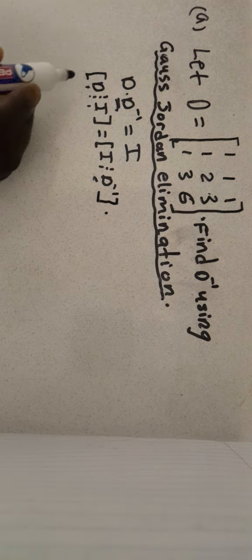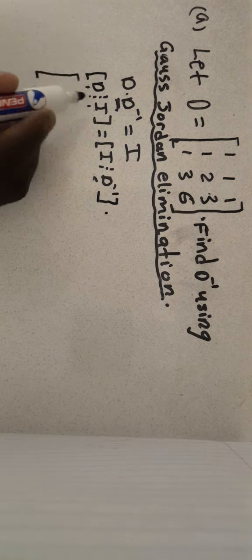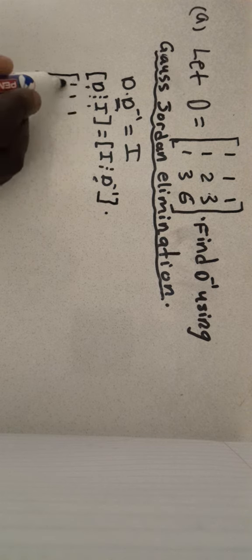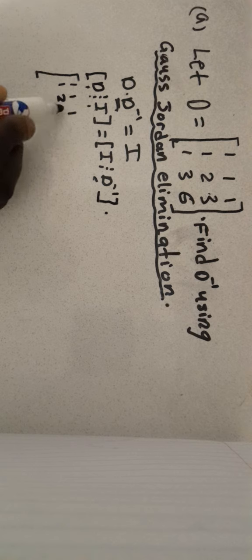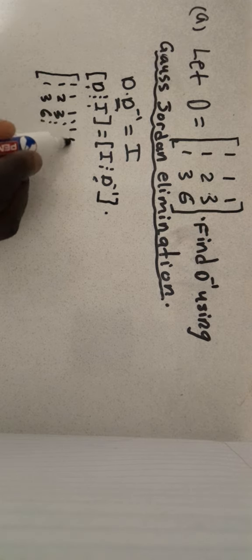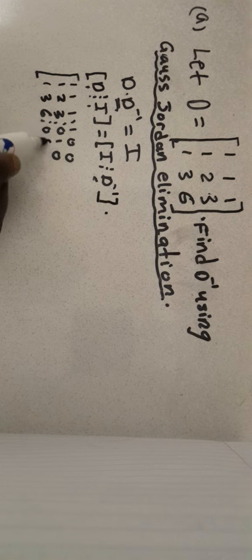What is D? It's 1 1 1, 1 2 3, 1 3 6, and the identity matrix 1 0 0, 0 1 0, 0 0 1.